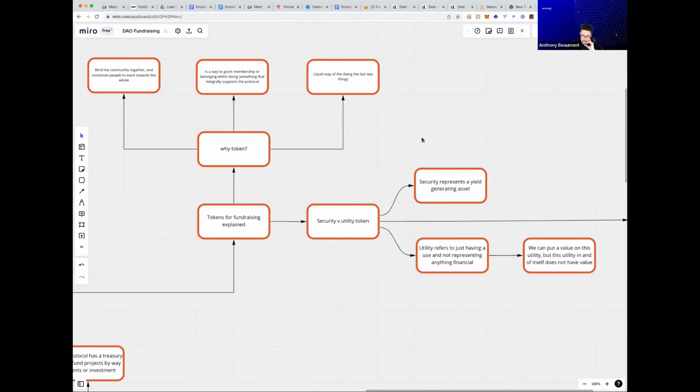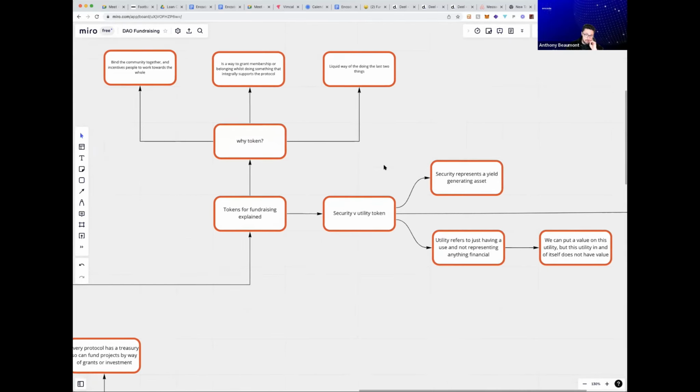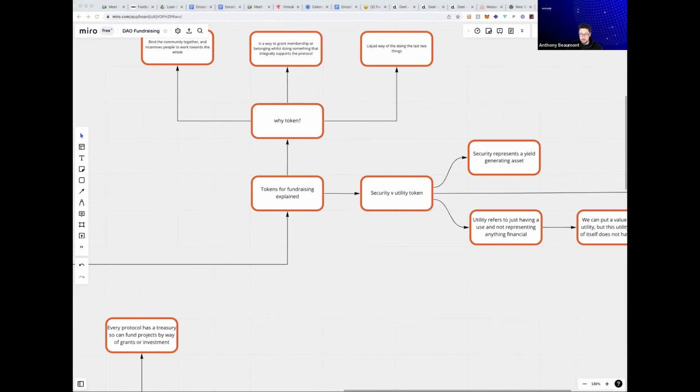This is a whole different debate. Pretty much, I'm pretty sure in saying, every token is a utility token. So that's just something to bear in mind. You might be like, but that's stupid. How are stable coins actually utility tokens? Well, they are. I'm not a lawyer, so let's not get into it today.